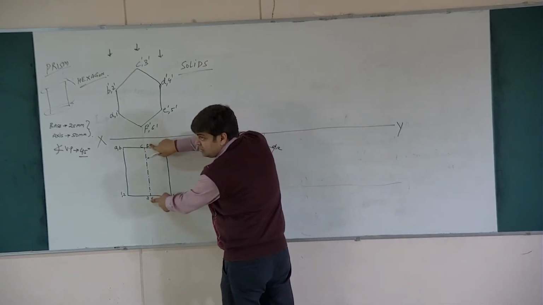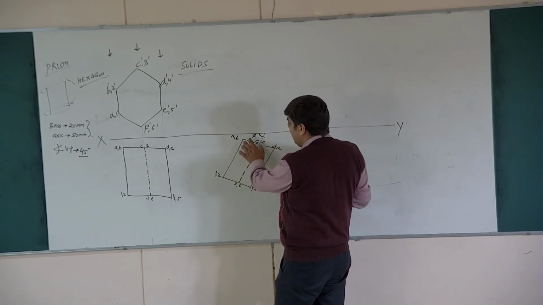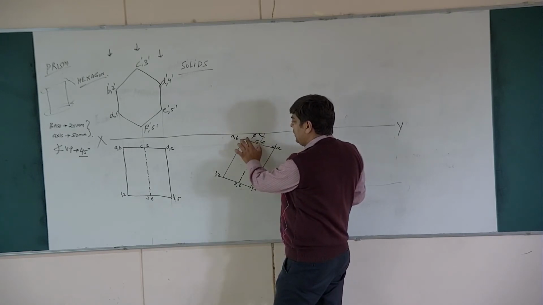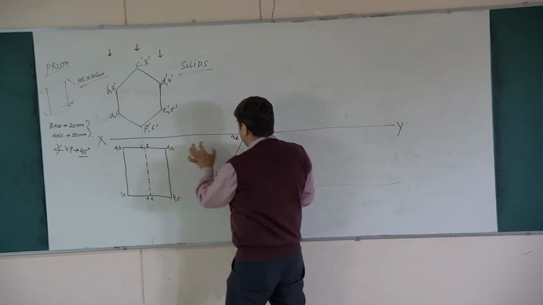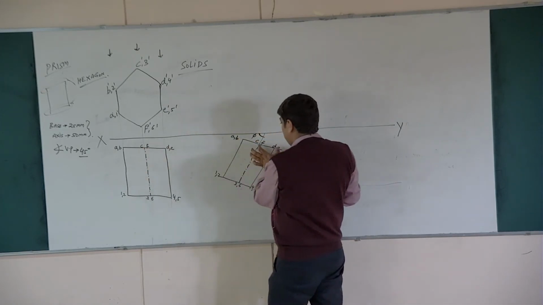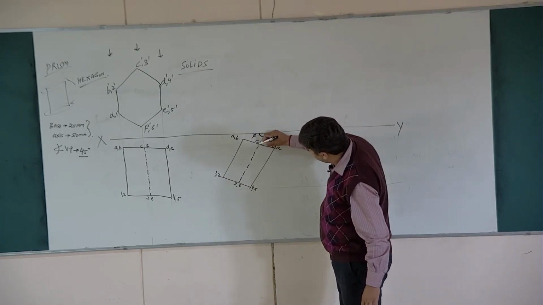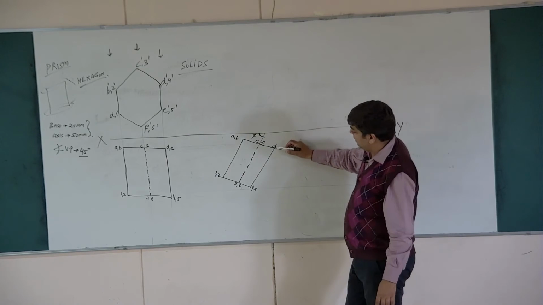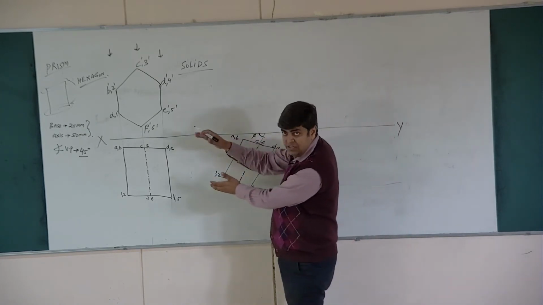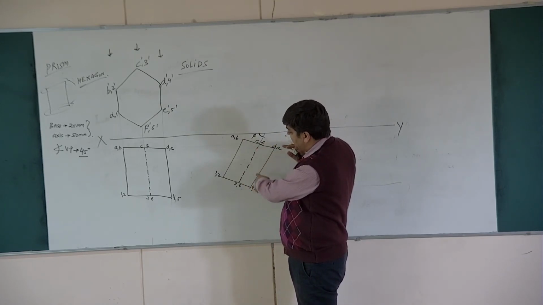Mark this length CF, and then once CF is marked, you transfer the distances from CF: whatever distance AB is there, you cut an arc here. Similarly, from CF, whatever distance D is there, you cut an arc here, and then complete AB, CD, EF. On similar lines, you can have 4, 5, you can have 1, 2. So this way, I have regenerated this rectangular box, that is the prism, such that its axis makes an angle of 45 degrees.